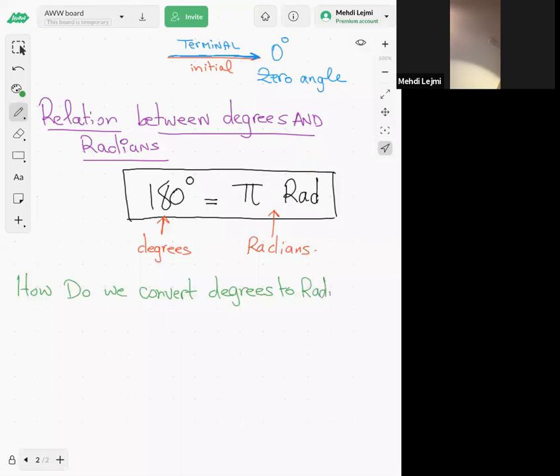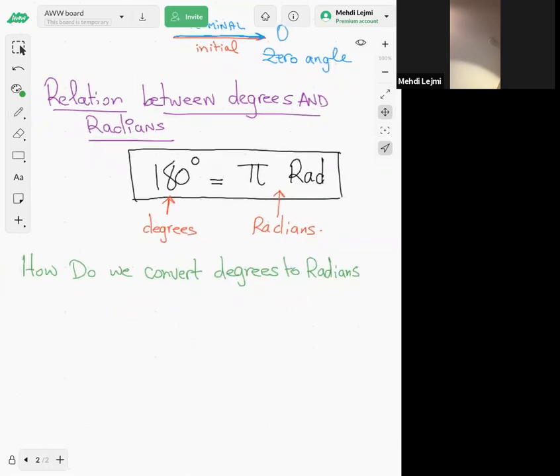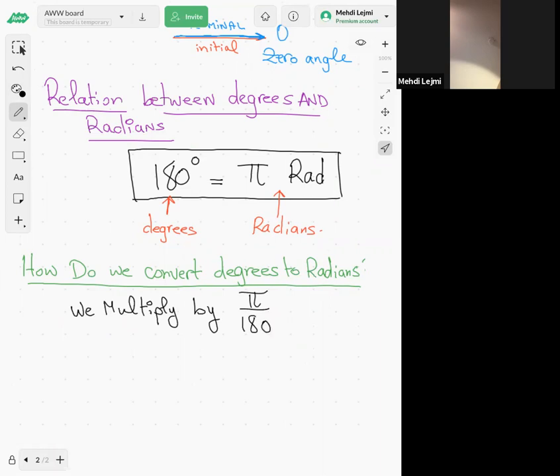Well, we have to multiply by pi over 180. So we'll multiply by pi over 180.